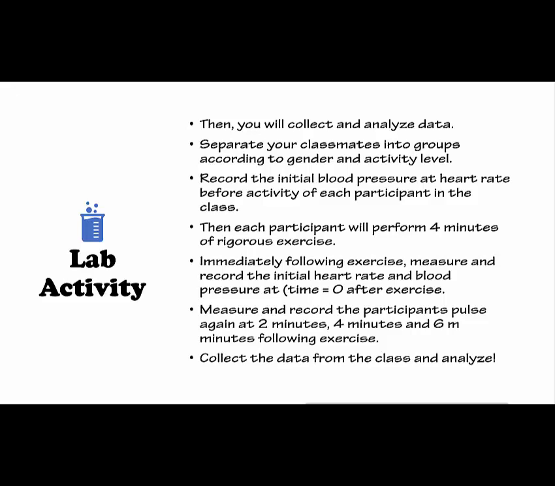Immediately following exercise, measure and record the initial heart rate and blood pressure at time equals 0 after exercise. Measure and record the participant's pulse again at 2 minutes, 4 minutes, and 6 minutes following the exercise. Collect the data from the class and analyze.